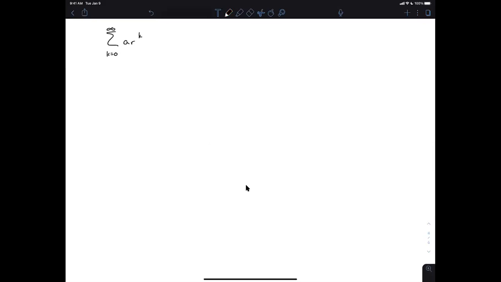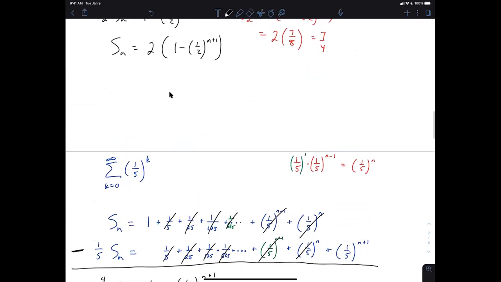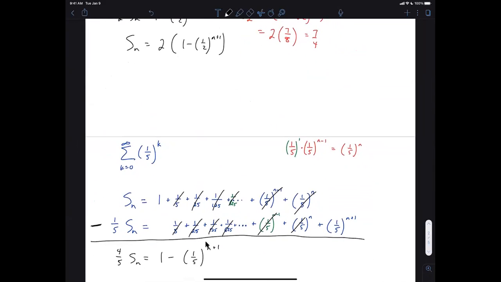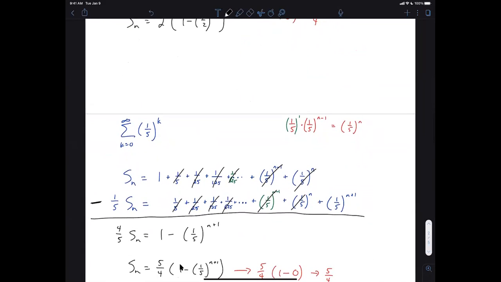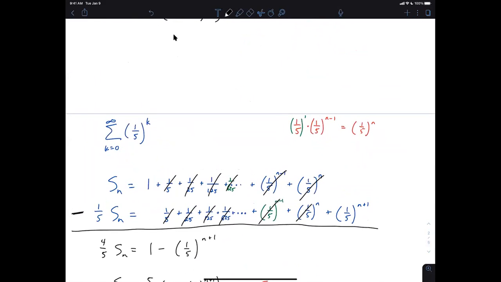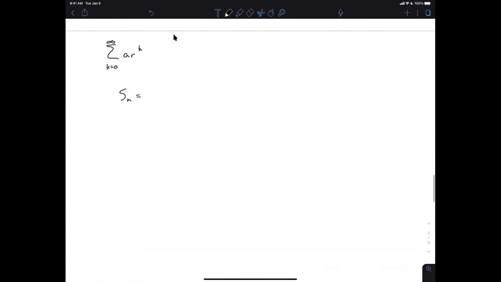So we're going to see if we can figure out what Sn is. If you go back and look, that formula is a lot like this formula, right? And if we can figure out what happens every time, then we wouldn't have to do this every single time. So we're going to do this for AR to the k. Sn is what you get when you go from 0 to n.